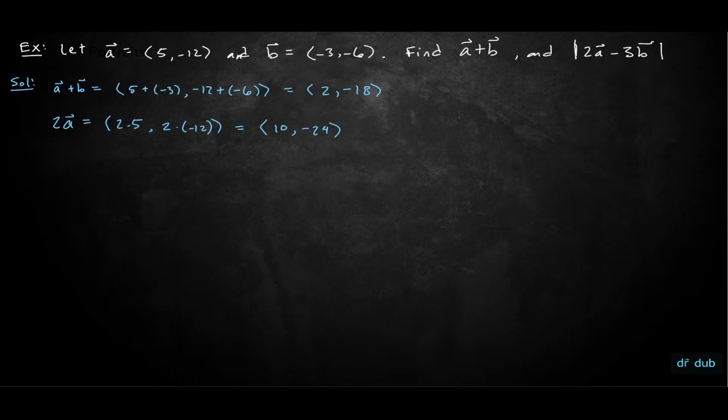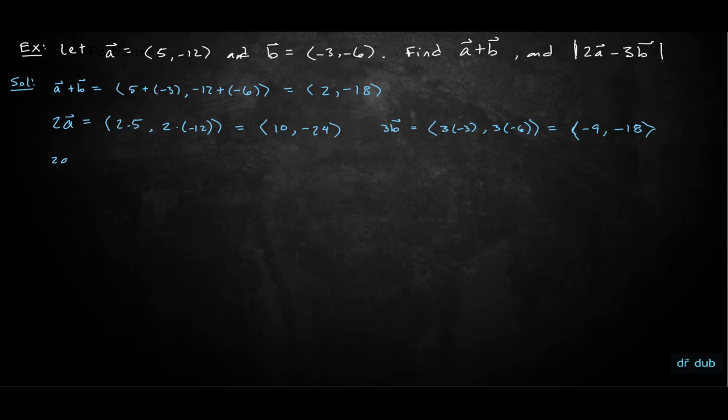And then also let's look at 3 times b. So 3b is going to equal 3 times -3 and 3 times -6. And that's going to give us -9, -18. And now we need to do 2a minus 3b.